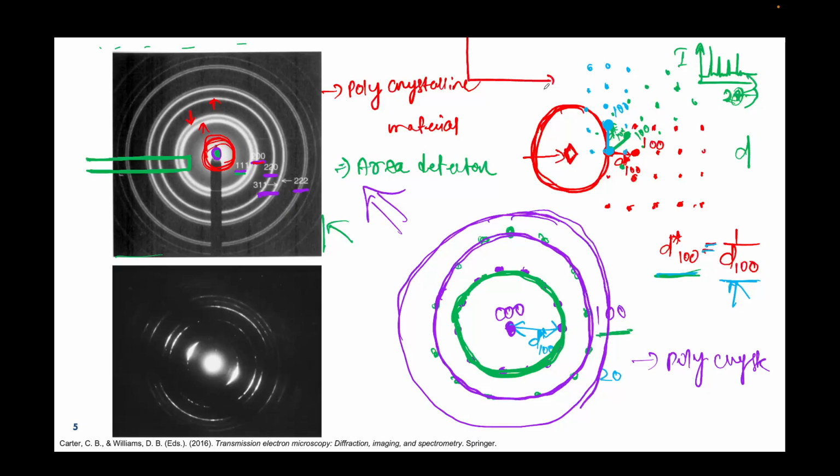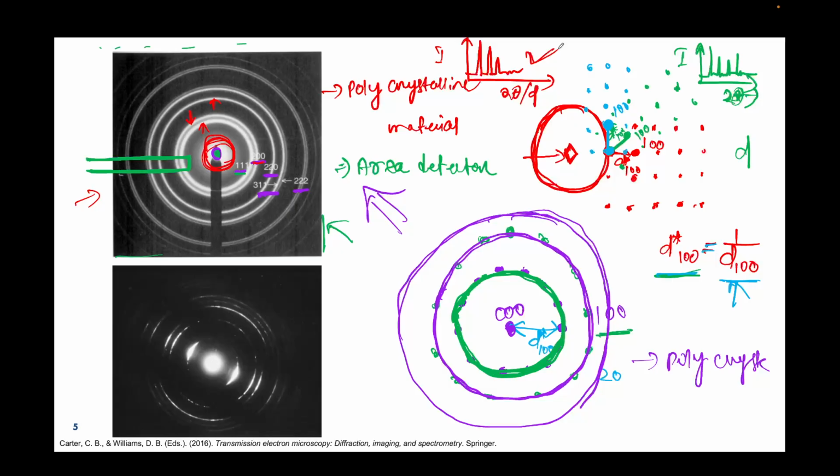Since 111 gives the highest intensity, we plot 111 like this, then 220 like this, then 222 like this. Based on the position of 2 theta or d, we get the intensity. In X-ray diffraction we are putting a 1D detector, and that is why we get this kind of output.